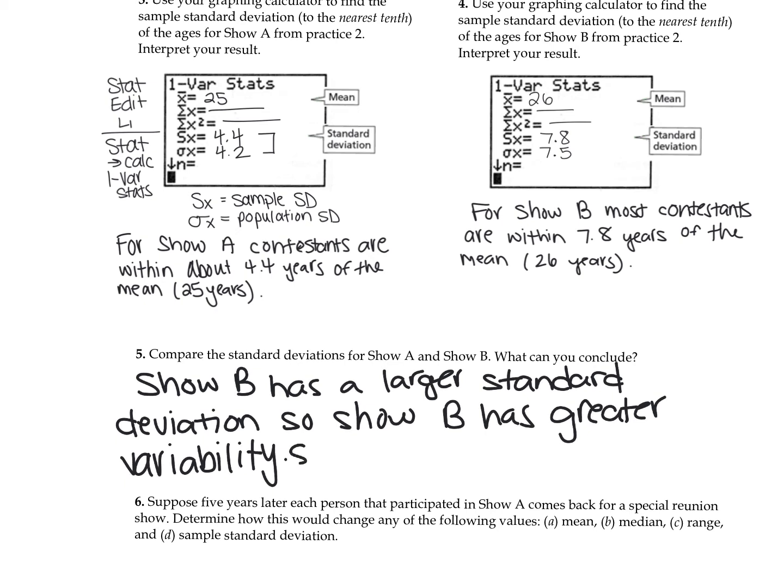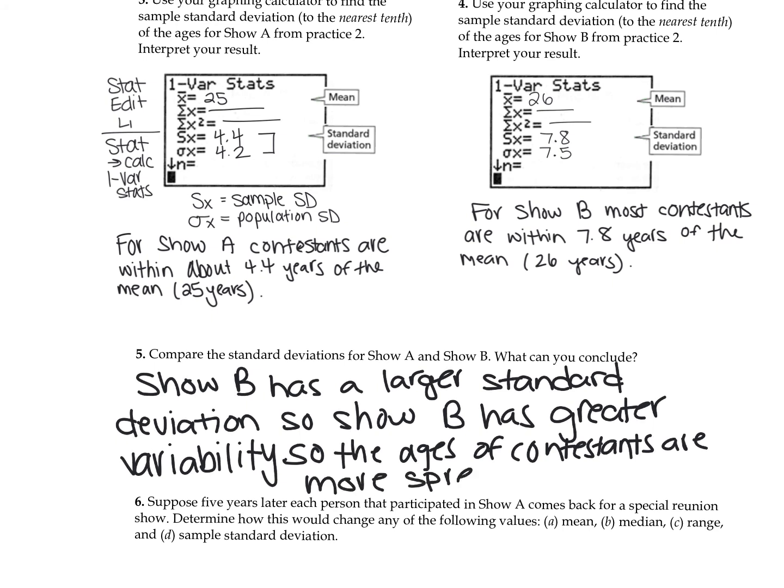So the data points, or you could say the ages of contestants, are more spread out. Because greater variability means the data is more spread out, and our data was ages of contestants.